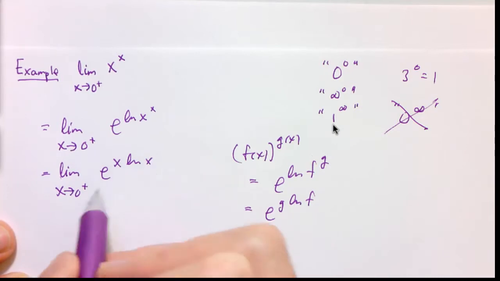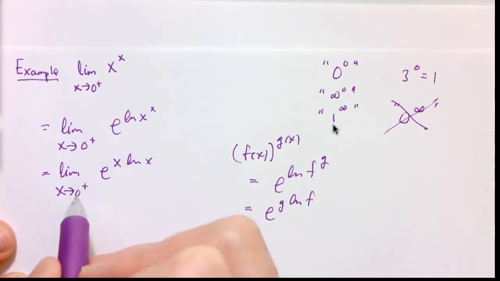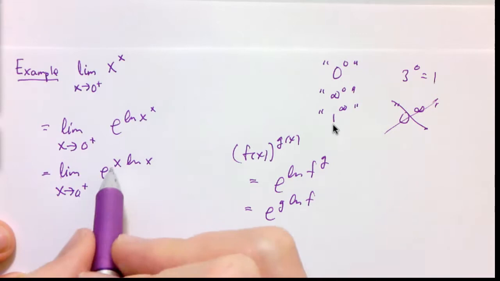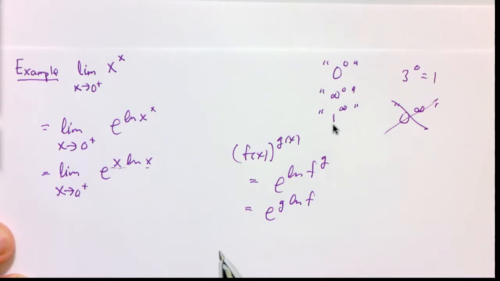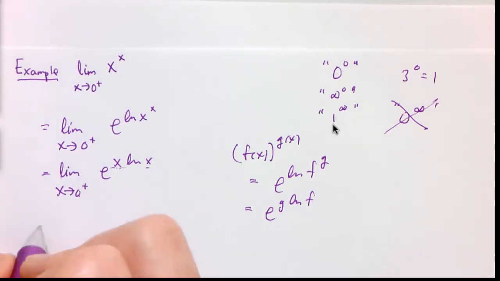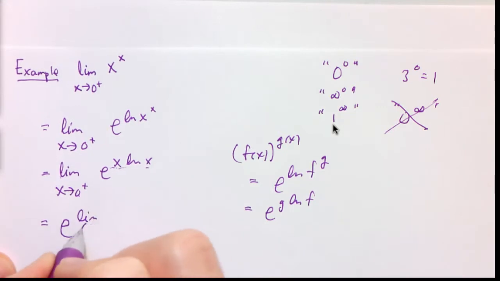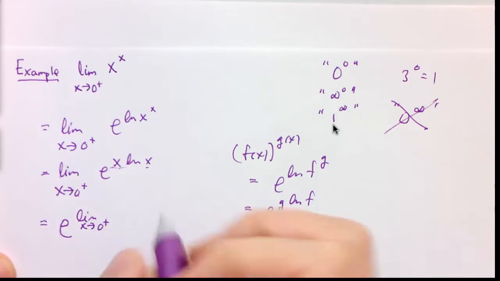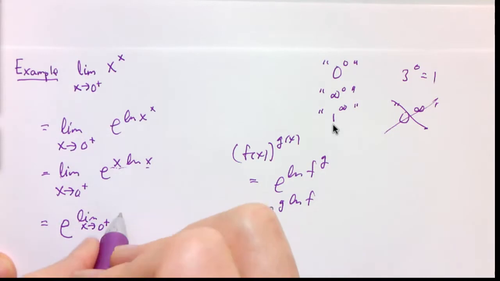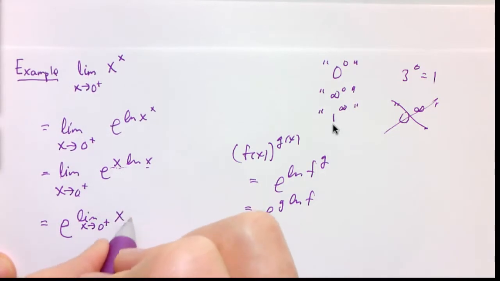Natural log of x is going to minus infinity as x gets close to 0 from the right. So this is an indeterminate product here. Since e is a continuous function, I can write this as e to the limit as x goes to 0 plus of x times the natural log of x.